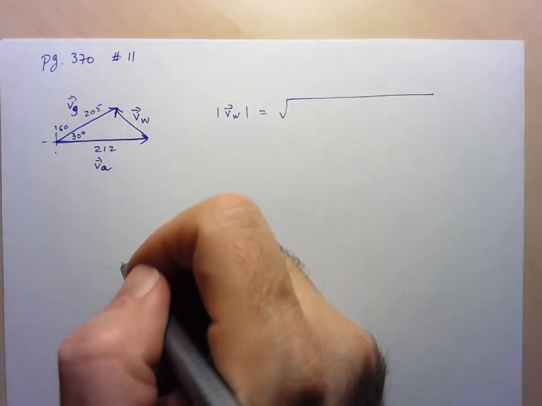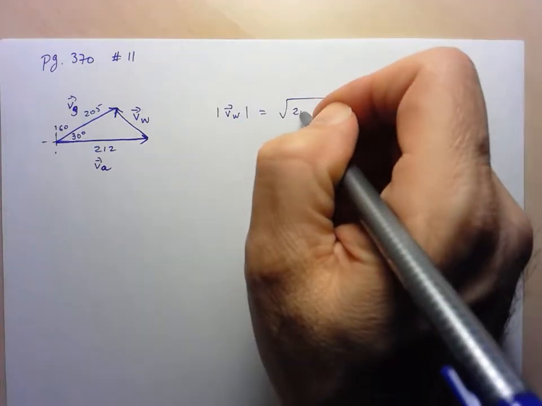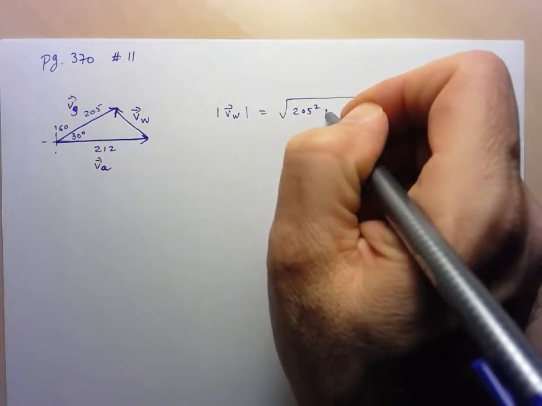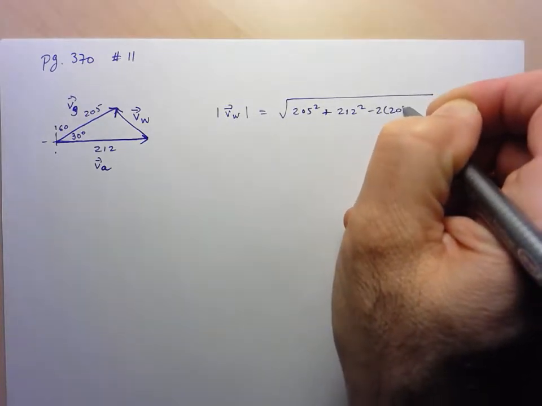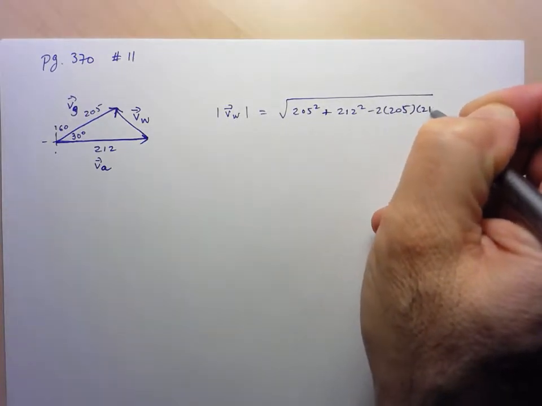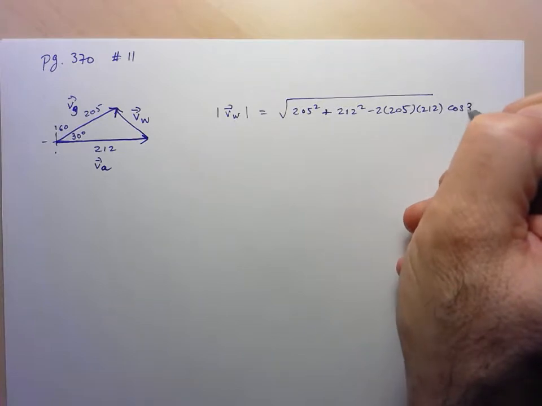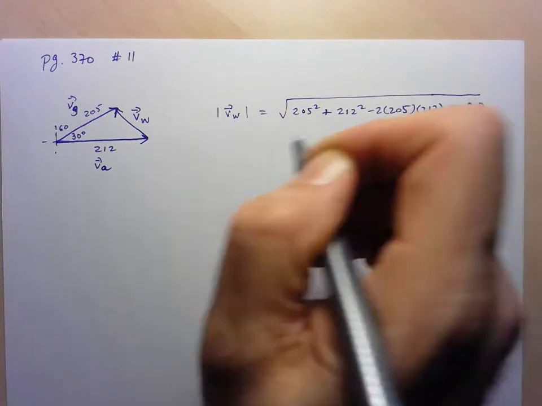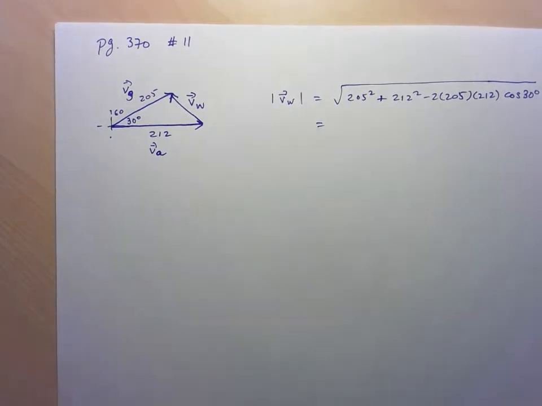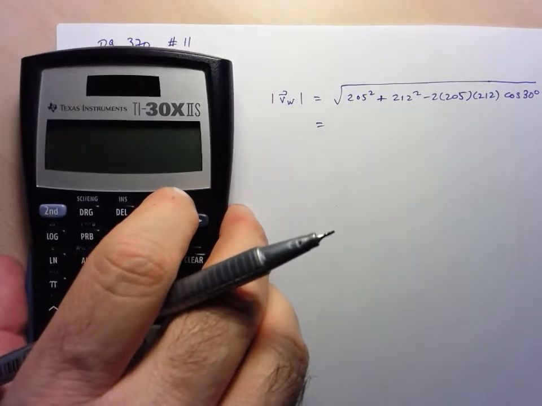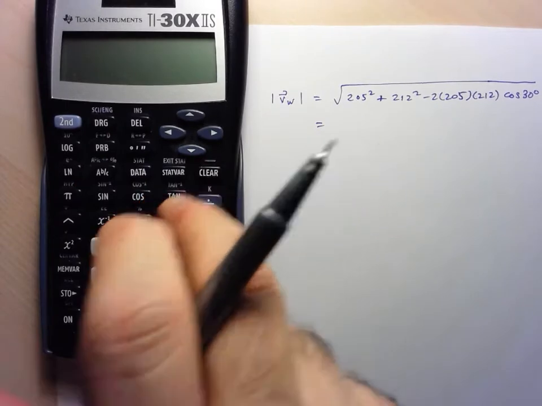So the magnitude of VW is just going to be equal to the square root, and we're just going to apply the cosine law. So 205 squared plus 212 squared minus 2 times 205 times 212 times cosine of 30, its opposite angle. We should be at the point where we're doing this almost without thinking, and we should also be really clear on how we're inputting this into our calculators.